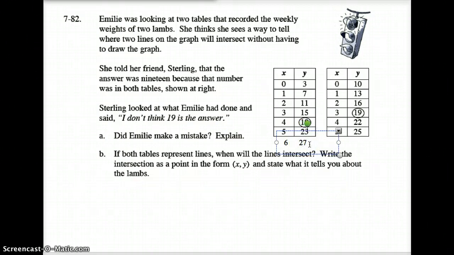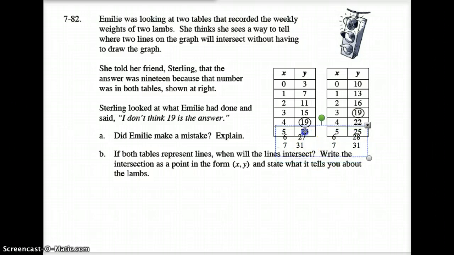And over here, this one would be at 6 and 28. Continuing on, this one would be at 7, and up 4 from there would be 31. And this one over here would be 7 and 31.